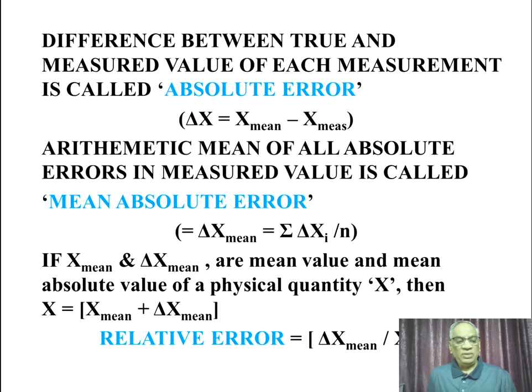So the physical quantity x can be obtained as x mean plus or minus delta x mean. X mean is the mean value, plus delta x mean will give you the true value. So relative error is delta x by x mean.